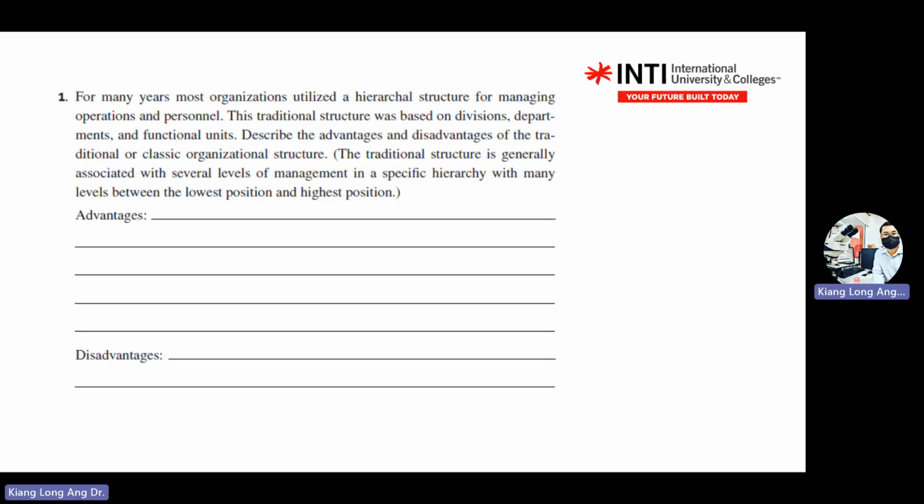What are the disadvantages? What is the opposite of all the advantages? Just now you started with the communication, right? It's effective in vertical. What happened to horizontal?